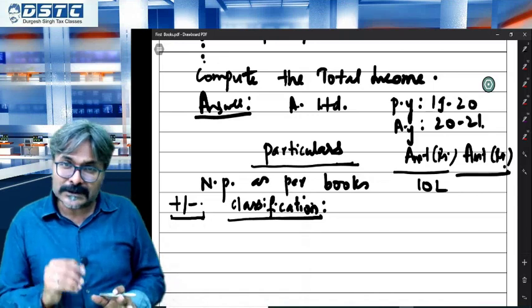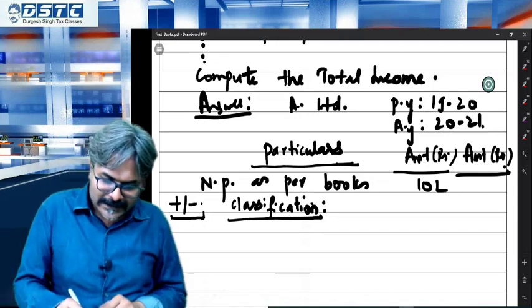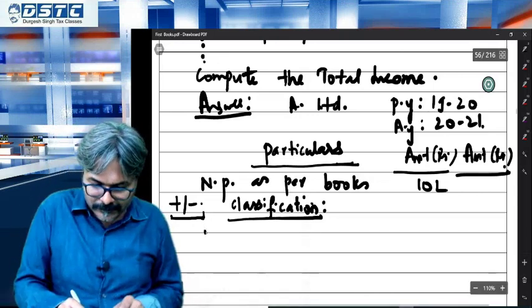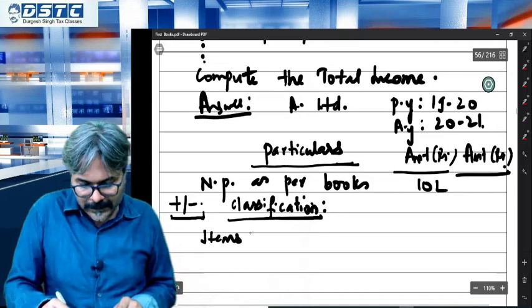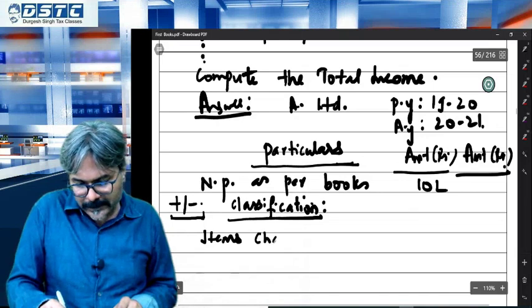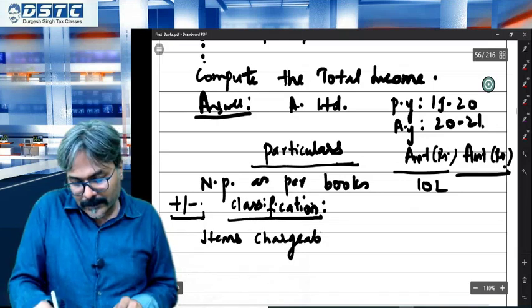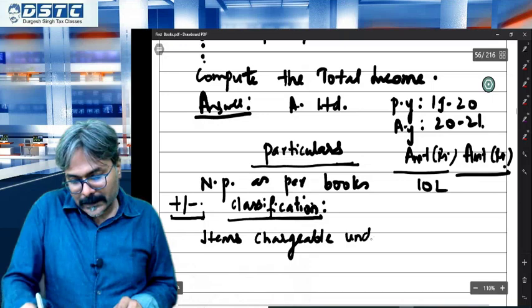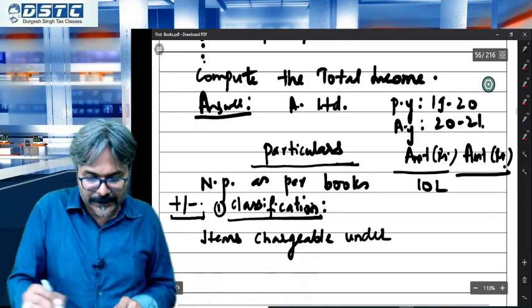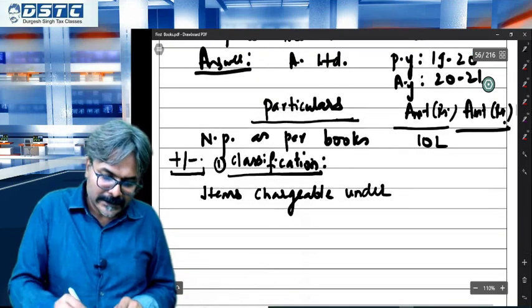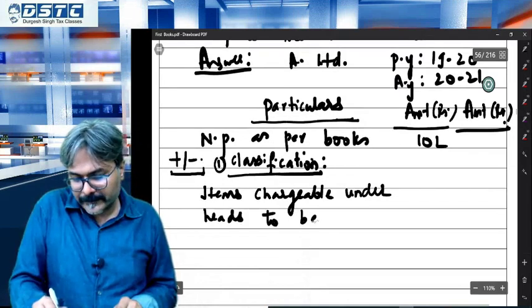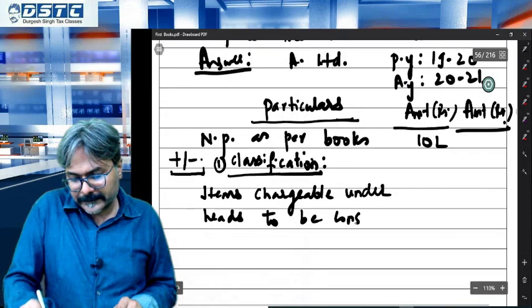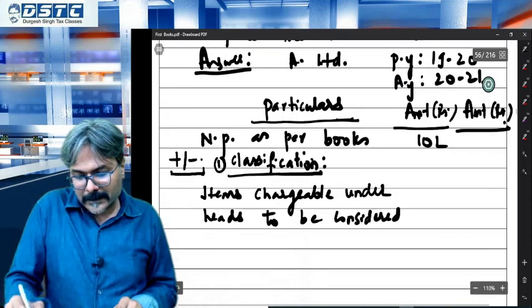And therefore you will first do the classification. That is what we will say: items chargeable under other heads, to be considered separately.